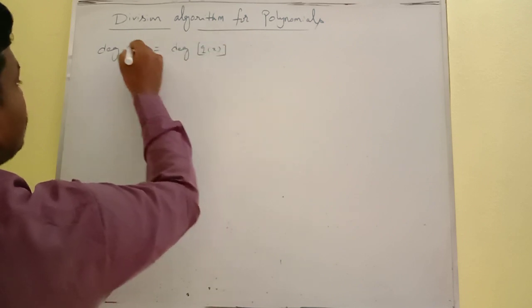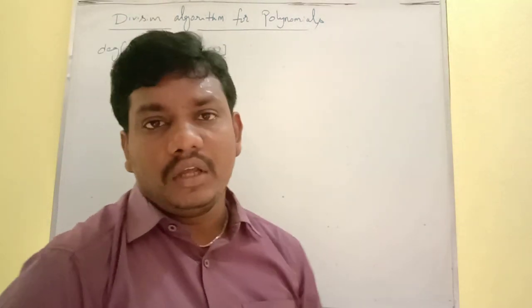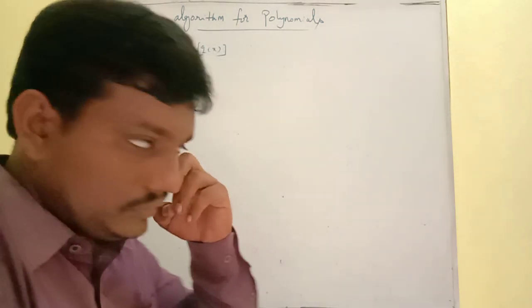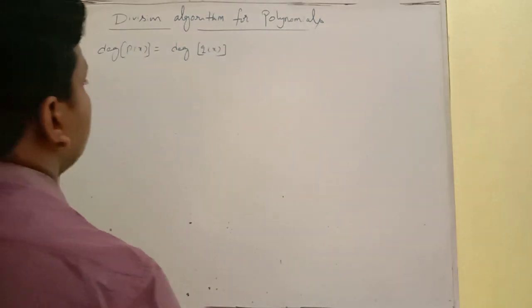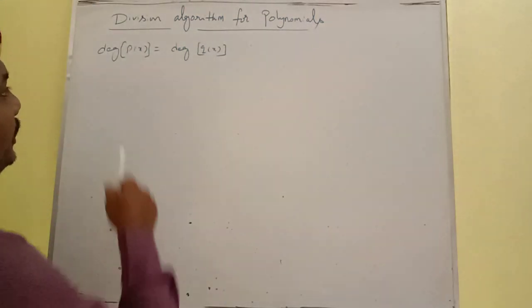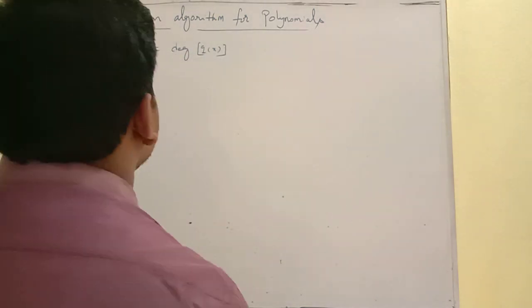So by satisfying this condition, we have to give the p of x, g of x, q of x and r of x values. How to give these values? First, degree of p of x is equal to degree of q of x. This point we have to consider first.